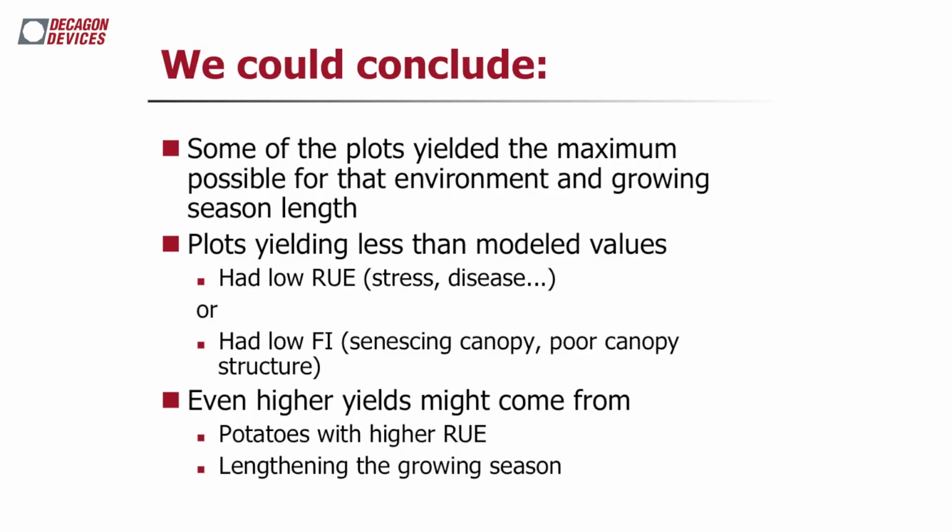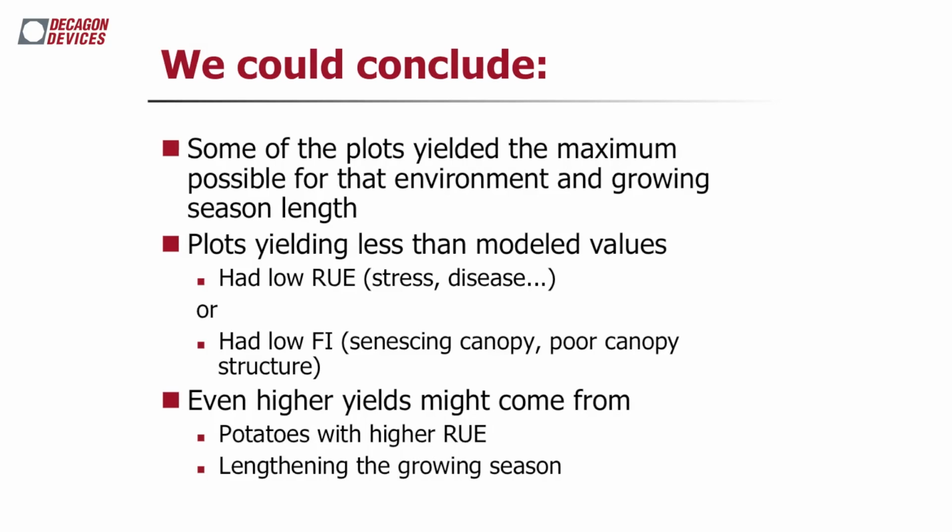So we can conclude from the relationships that I just showed that some of the plots yield at the maximum possible level for that environment and growing conditions. That was that line there and those dots that approached the line. But all of the others that didn't get there, the less yielding plots, had other issues. For example, one of the reasons they didn't yield high enough was that they had a low radiation use efficiency.